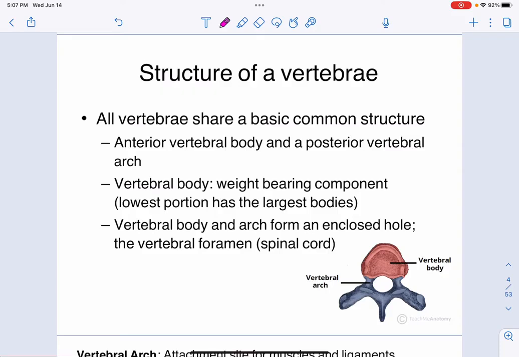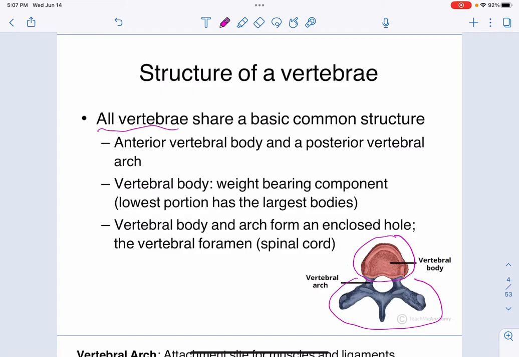Before we get into the specifics, let's talk about just the basics. So the structure of a typical vertebrae. So all vertebrae share a common structure. Okay, there is an anterior vertebral body here and a posterior vertebral arch here.